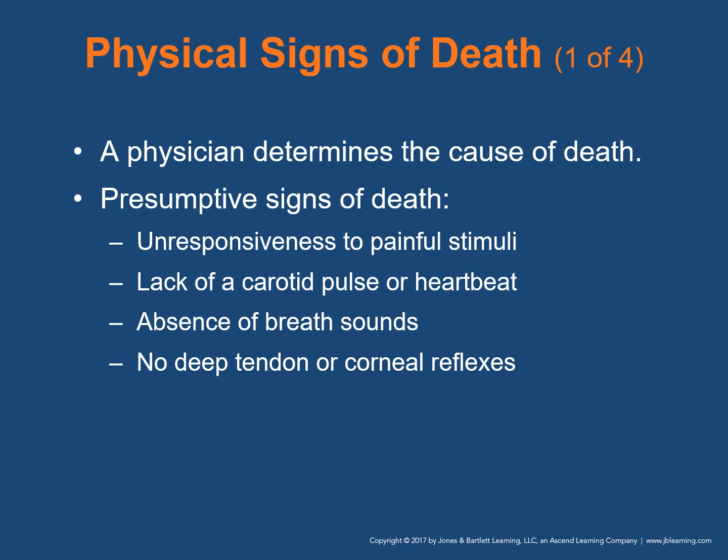Now, we discussed physicians determining the cause of death. But there are presumptive signs of death, and these include unresponsiveness to painful stimuli, lack of a carotid pulse or heartbeat, absence of breath sounds or chest rise and fall, and no deep tendon or corneal reflexes.